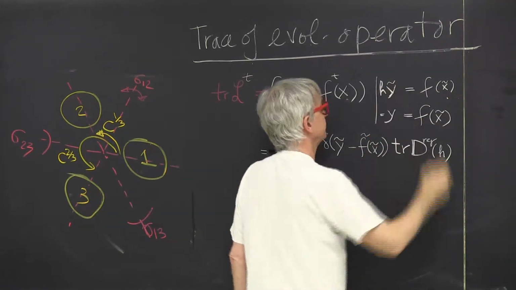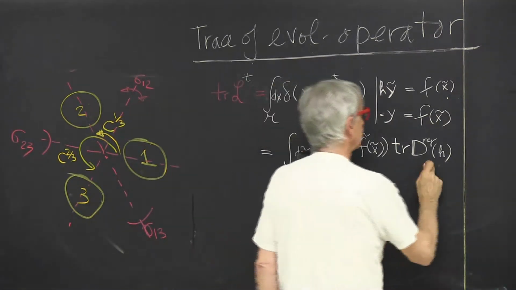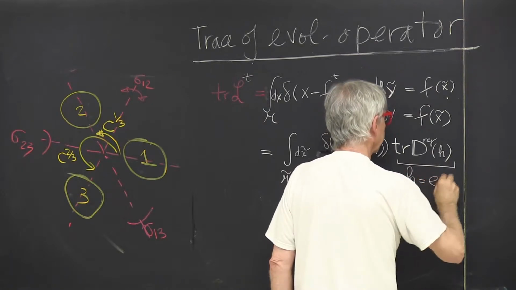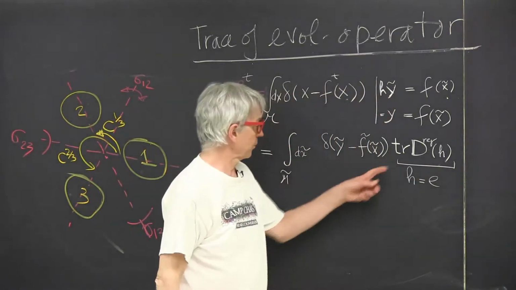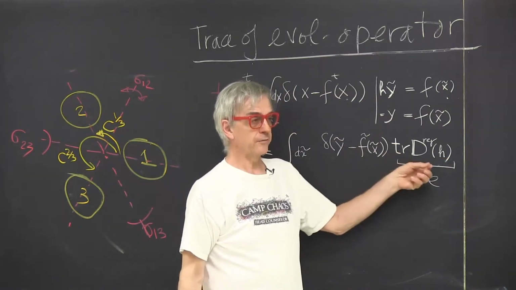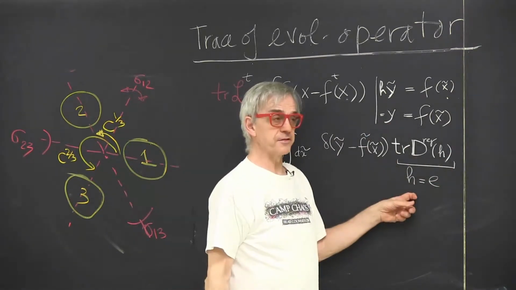So in this trace formula, what this means is that it will only work if H equals identity. Because we have shown that for regular representation, the only non-vanishing trace is the identity trace. So, nothing interesting has happened.